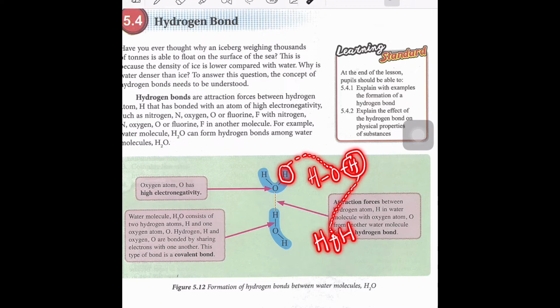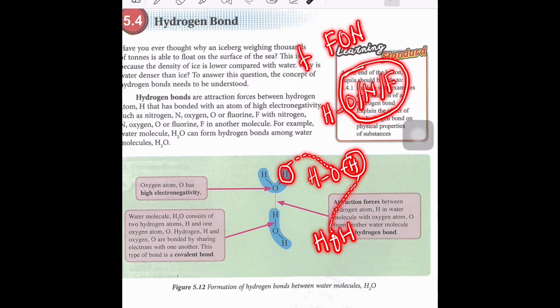I hope you understand that. Hydrogen bond tu adalah antara H dengan O or N ataupun F. So, I will summarize this one. N, O and F tu kita ringkaskan dia kepada akronim FON. So, H-FON. Hydrogen bond is an attraction force, daya tarikan.